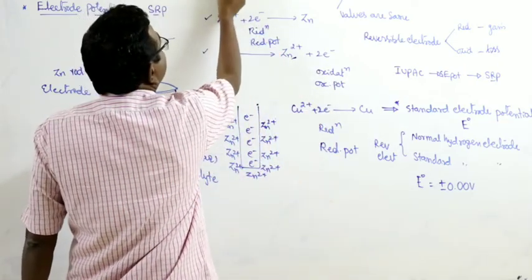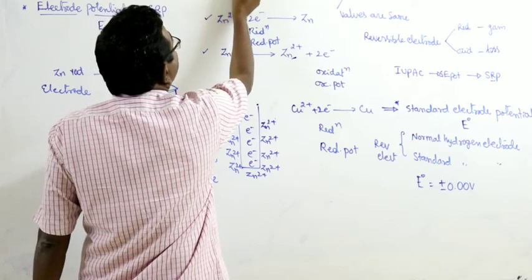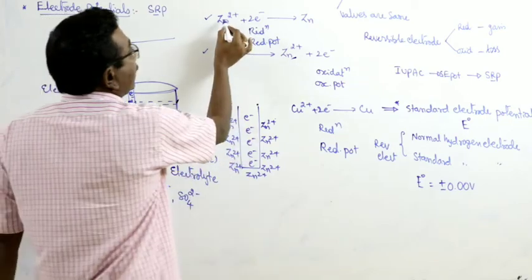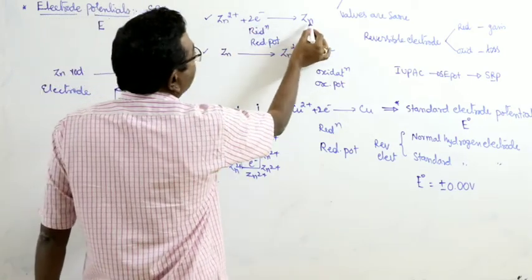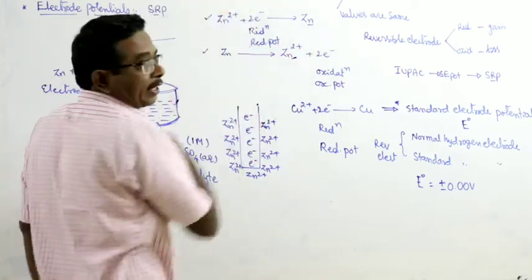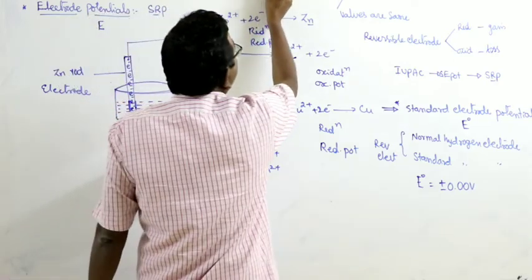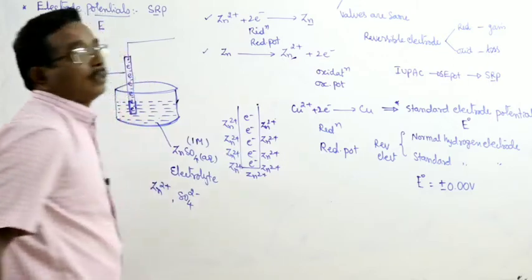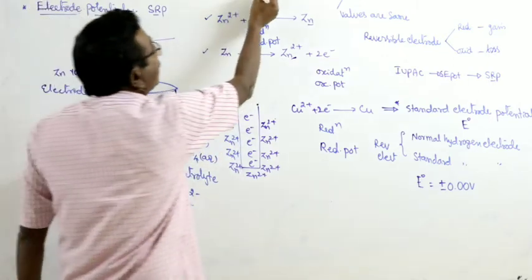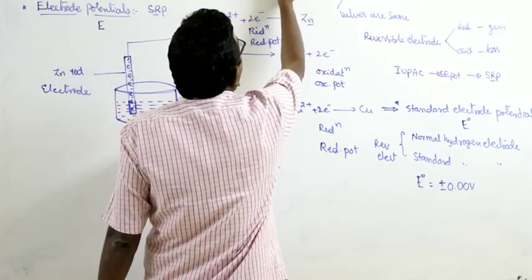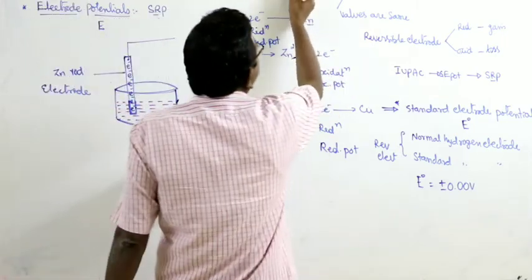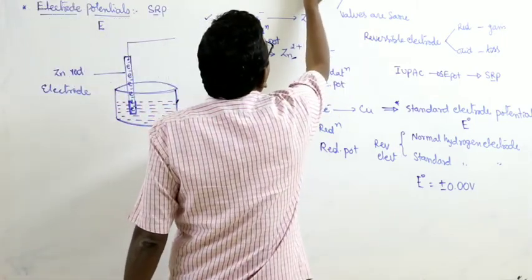Example zinc. Here Zn2+ plus 2 moles of electrons gives rise to Zn. This is the notation. Its value is equal to minus 0.76 volts. This is the standard electrode potential E naught. Standard electrode potential means this is nothing but standard reduction potential.